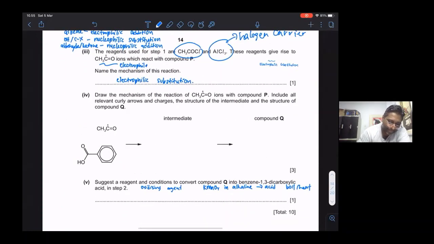So the electrons from here will attack the carbon over here, and you are going to get the intermediate, which we'll draw like this, and then plus. I'll try to match the question itself. So this one, you are going to have hydrogen and then C double bond O CH3.